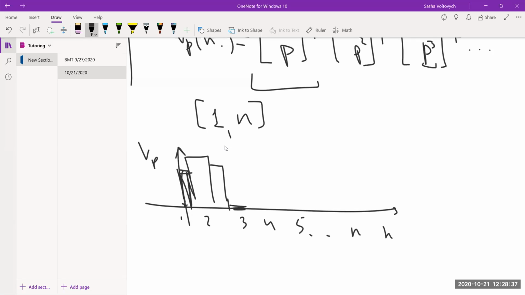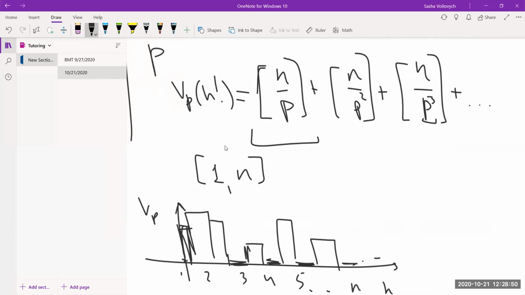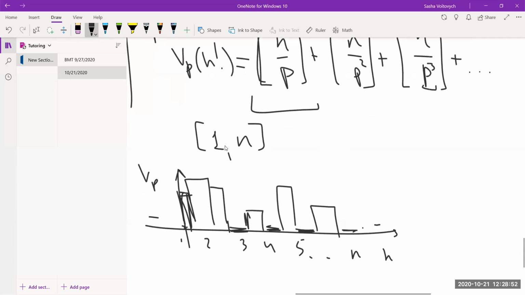Some of them will have 0, some will have 1, some will have something else. So this term is the area of the first row over here.